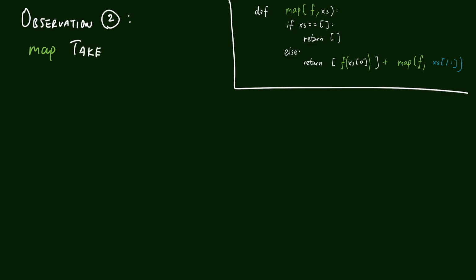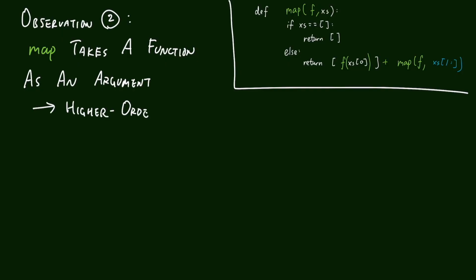I'm sure that some of you didn't know you can do that. Map takes a function f as an argument, making map something called a higher order function. Roughly speaking, with this newfound power, it is widely believed that functional programming and conventional programming are comparable in terms of computing power.